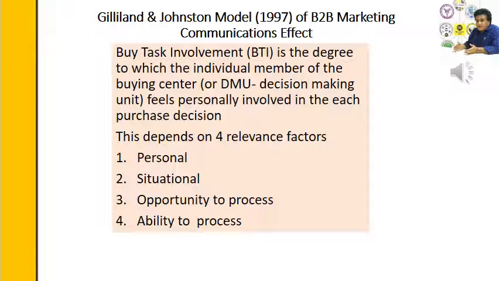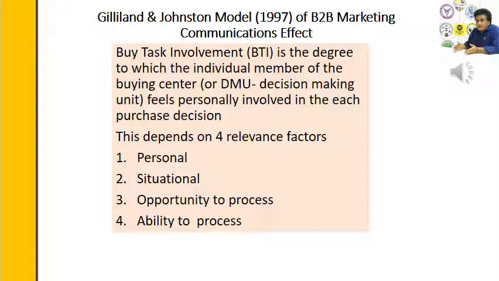Continuing with the buying center and the motivations of various people in the buying center: which person wants to help you, or is inclined towards your product, and which person is not, will depend on many factors.